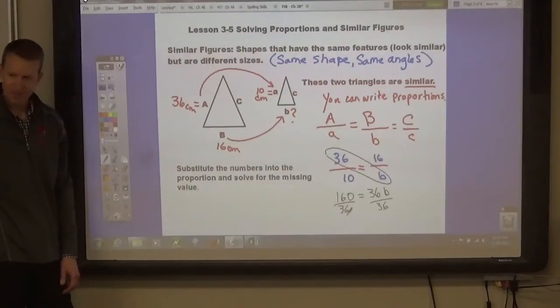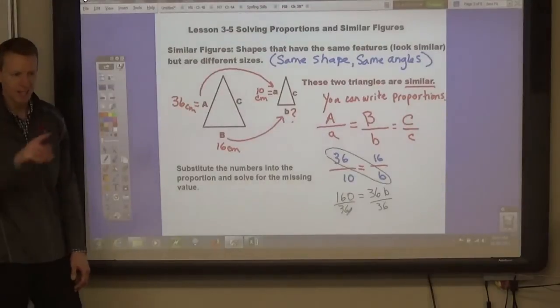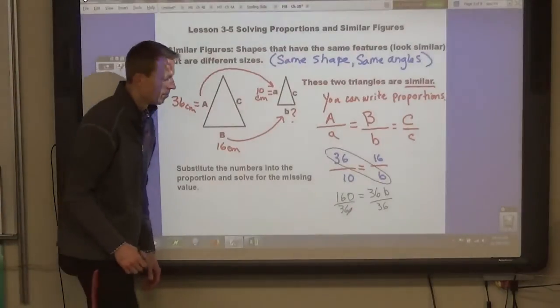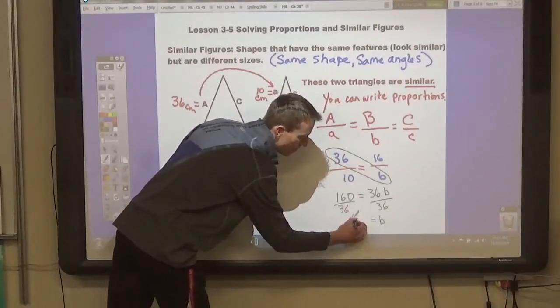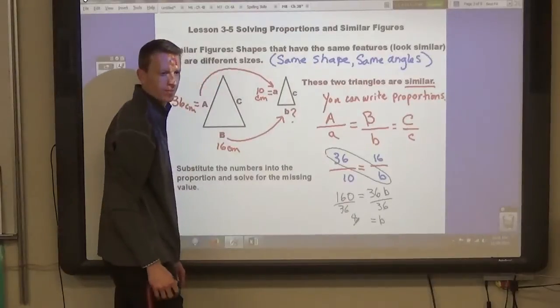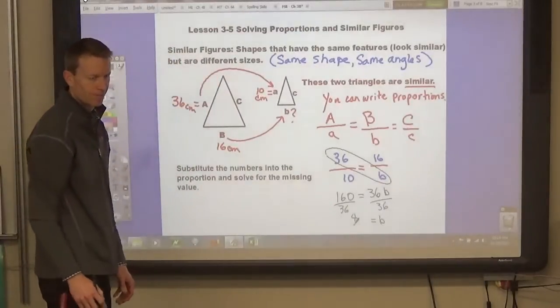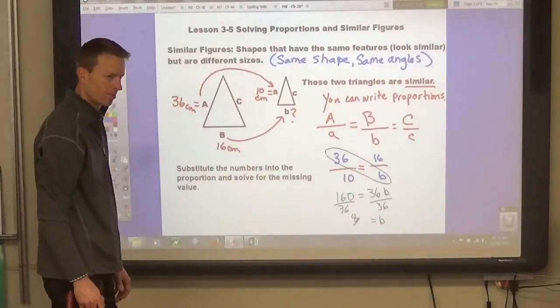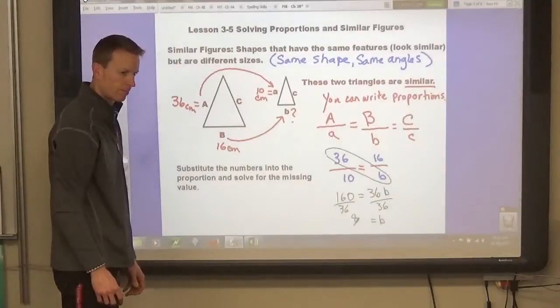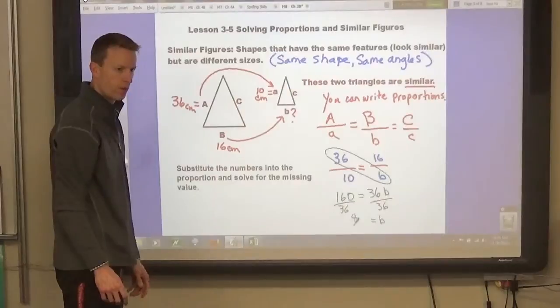Yes. B is 4.4 feet. 4.4 repeating. Yeah.